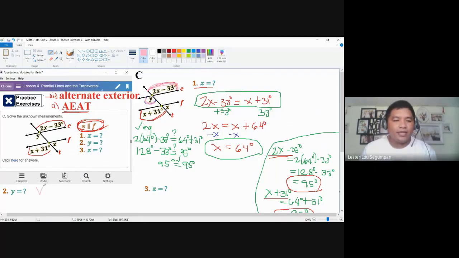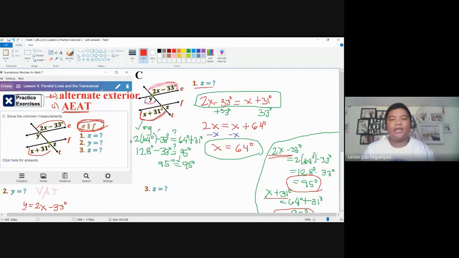And by vertical angle theorem, the measurements of the vertical angles are the same, or they are congruent. So if they are congruent, we could just always use an equation stating y is equal to the value of 2x minus 33 degrees.